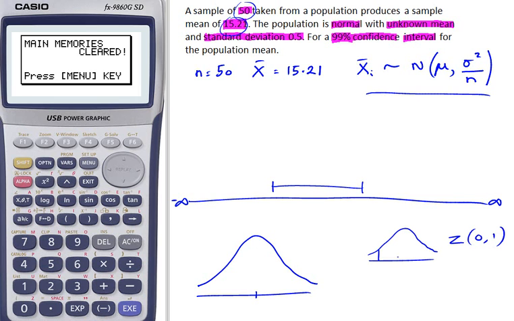Of course, we know we can calculate values such that these ends here and here are going to be 0.5%. The reason I choose them to be 0.5%, of course, is because I want the middle bit to be 99%.